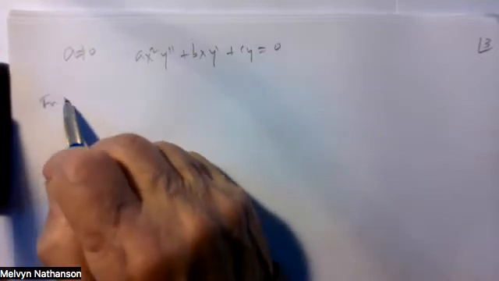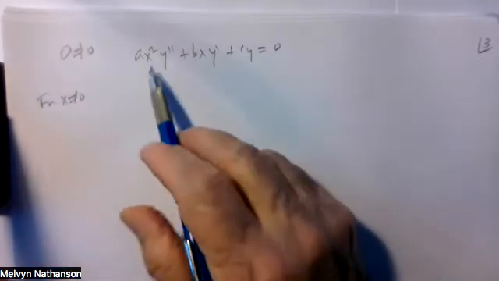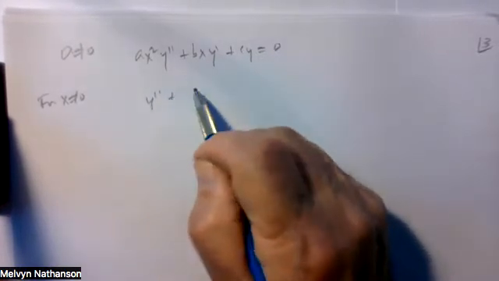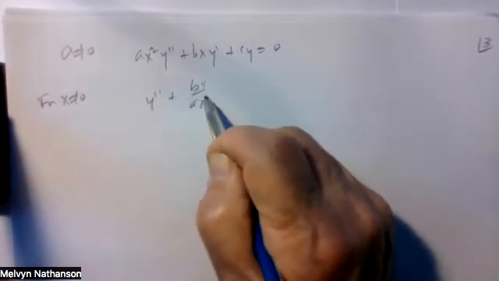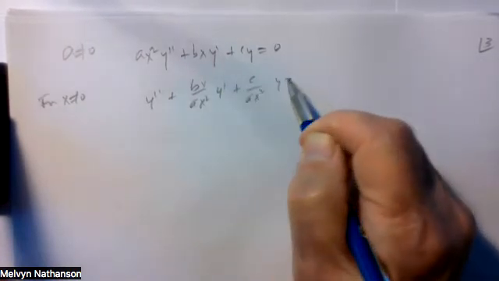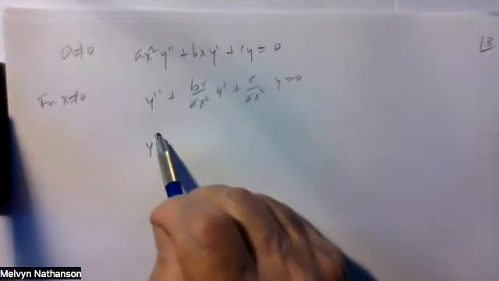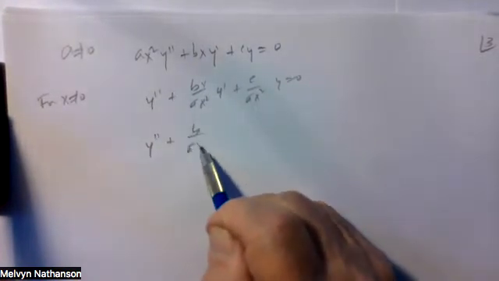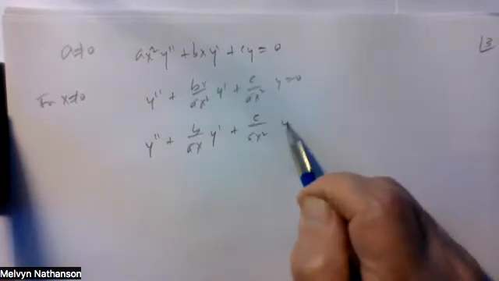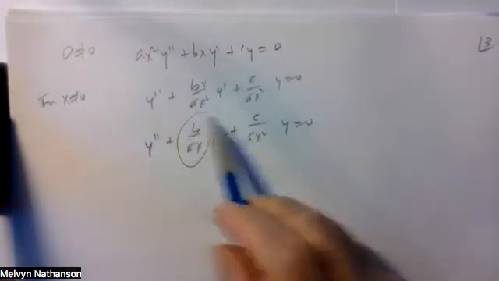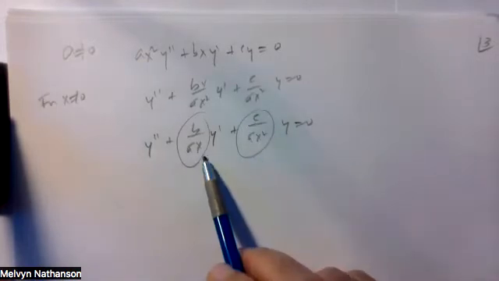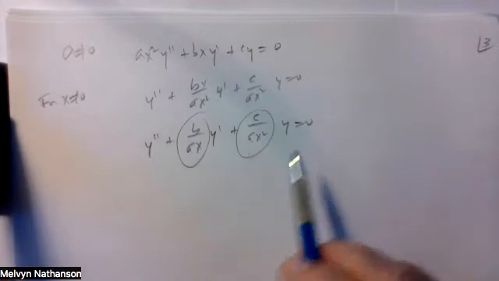For x different from 0, you can always divide by a x squared. You get y double prime plus b x over a x squared y prime plus c over a x squared y equals 0, or y double prime plus b over a x y prime plus c over a x squared y equals 0. These coefficients are non-zero for all x different from 0.